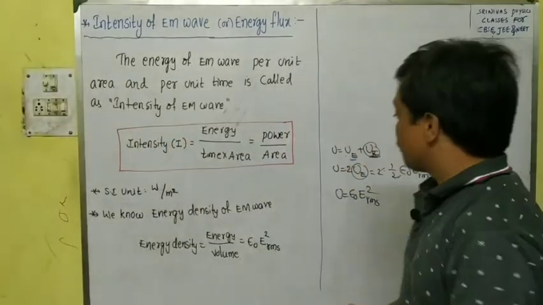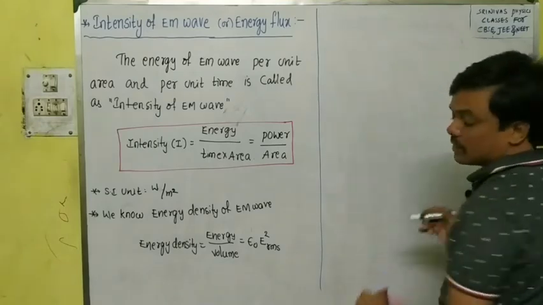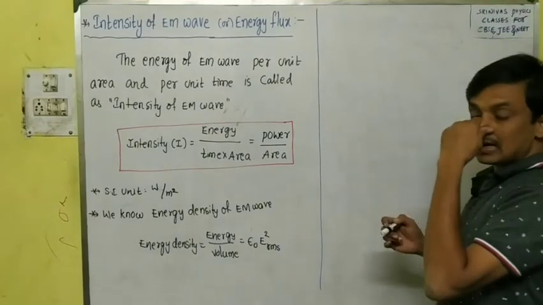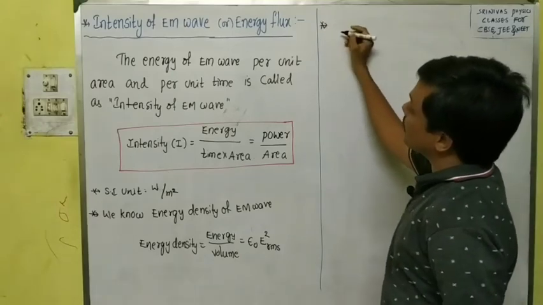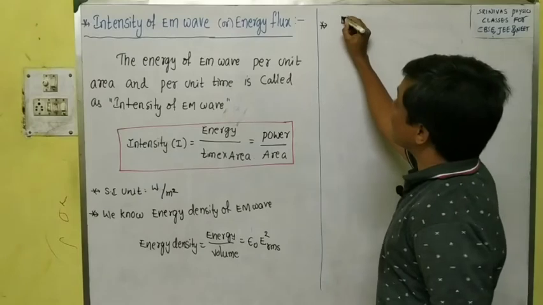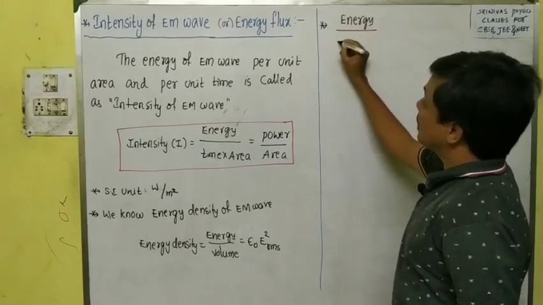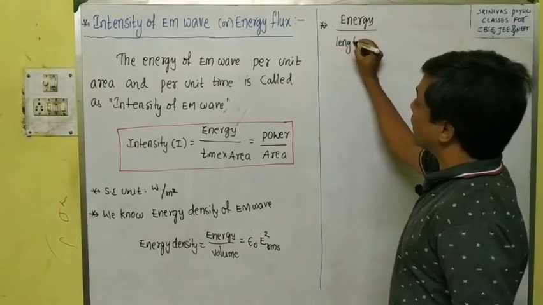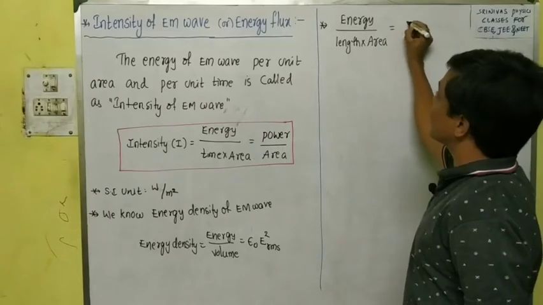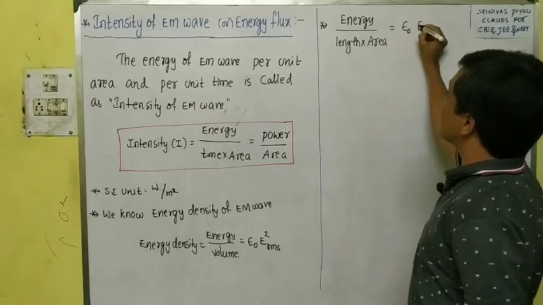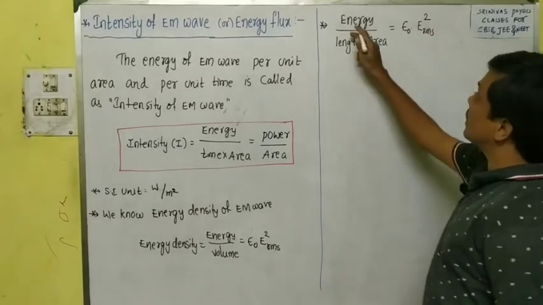Okay. Now what am I going to derive? I am going to derive the formula for the intensity in terms of epsilon naught and ERMS. For that purpose, energy density is energy by volume, and volume we write as length into area, that is equal to epsilon naught ERMS square.